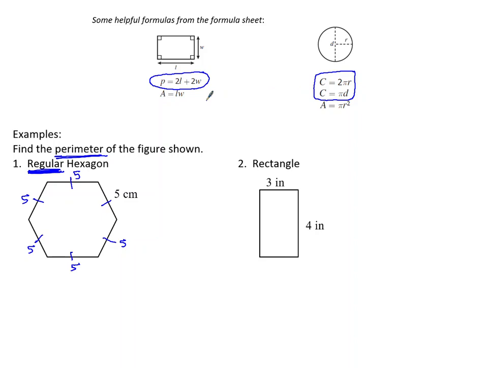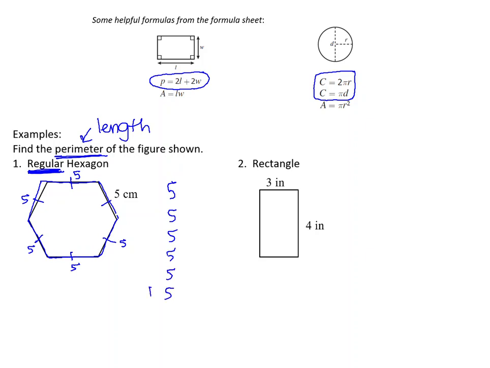But because we know the perimeter means the length of the edges, the total length, we can just add up all of these sides. 5 plus 5 plus 5 plus 5 plus 5 plus 5. We can add up all those 5s. So I could list them.